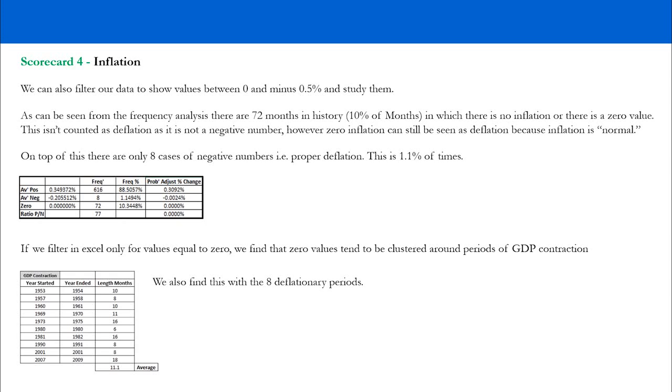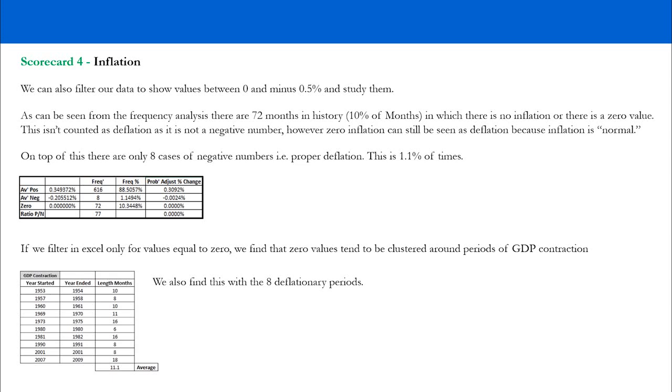And if we point again towards that zero, the lower bound number coming in positive, if we actually get a zero number, it's as good as deflation, because it's so normal to have some sort of positive number or some sort of inflation that to even get a zero value, we can consider it as deflation.